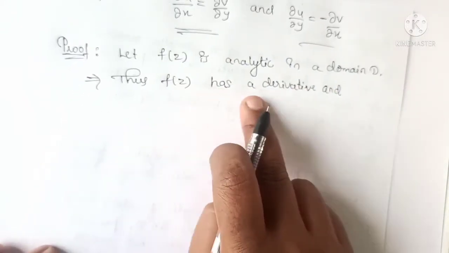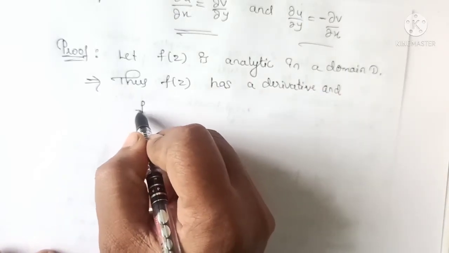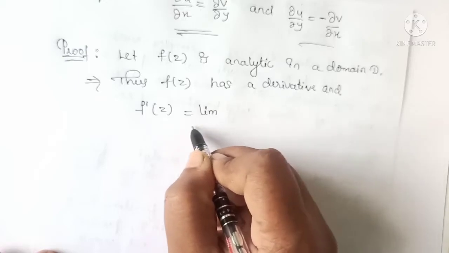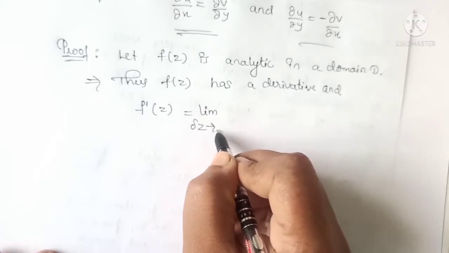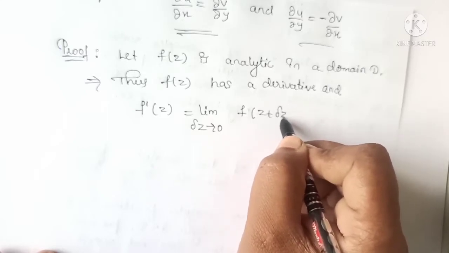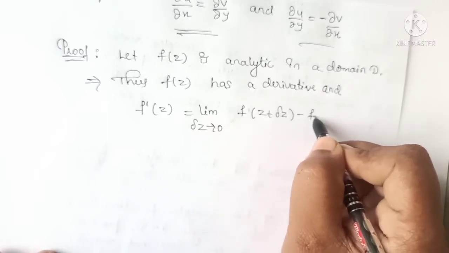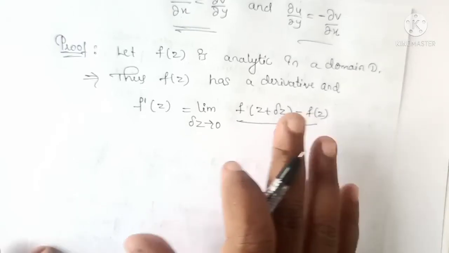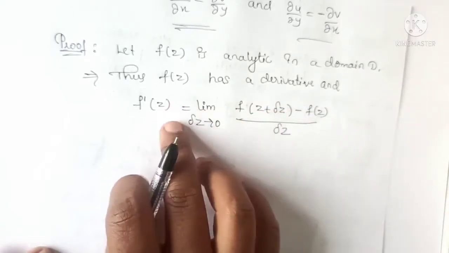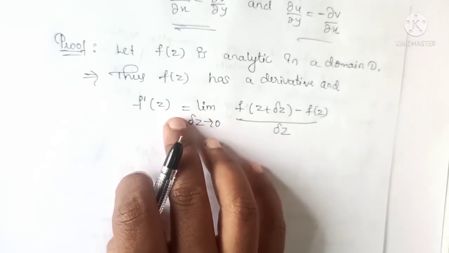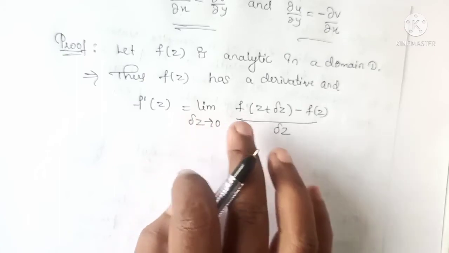f of z has a derivative and is given by f dash of z equals the limit as delta z tends to 0 of f of z plus delta z minus f of z divided by delta z. So this is by the definition of the derivative of a complex variable.